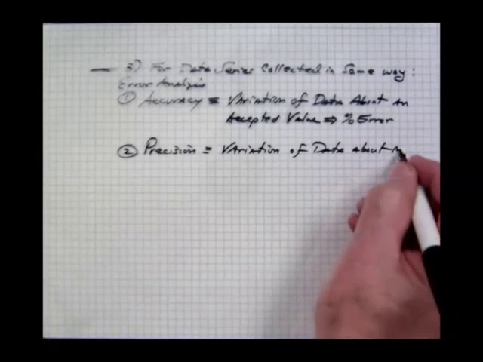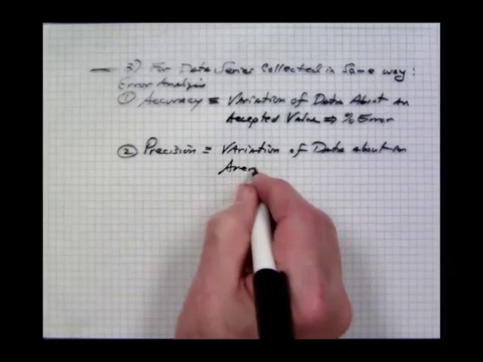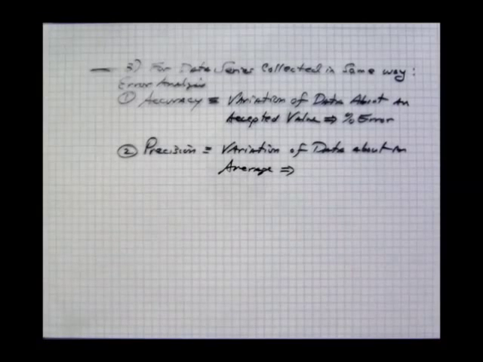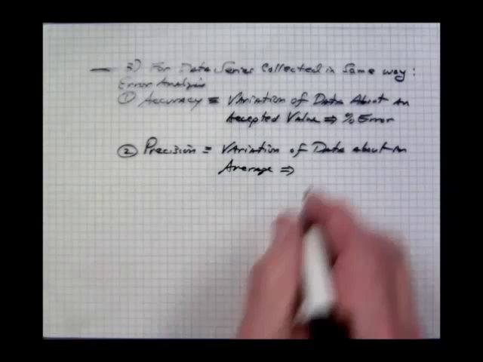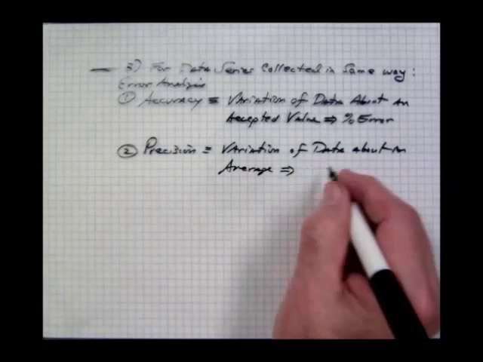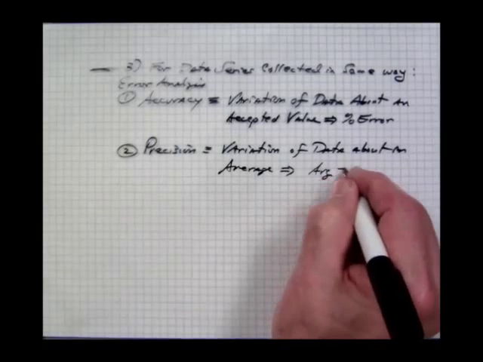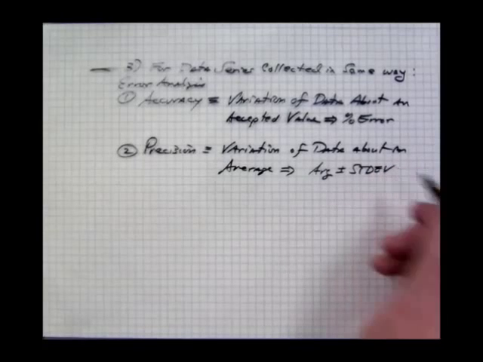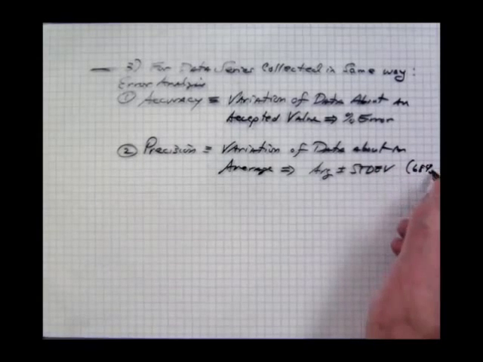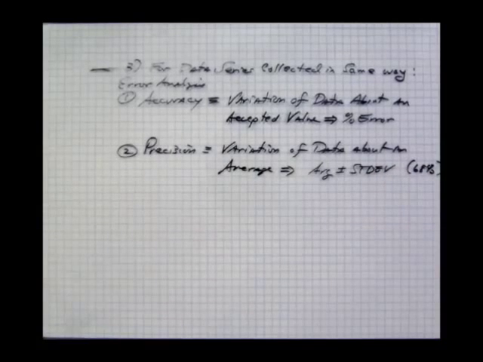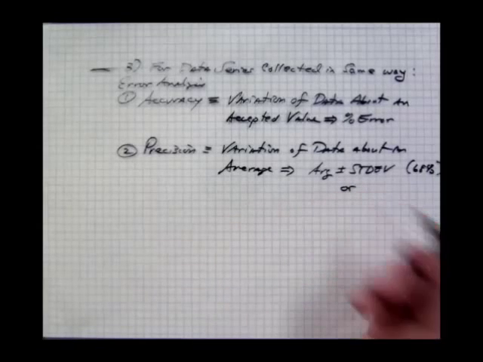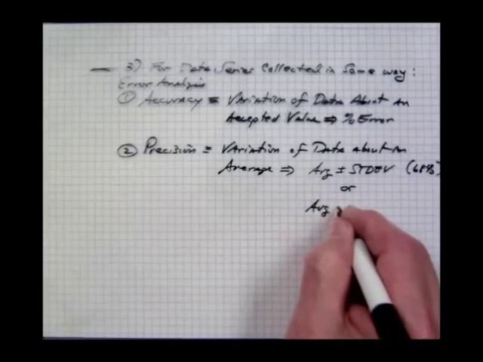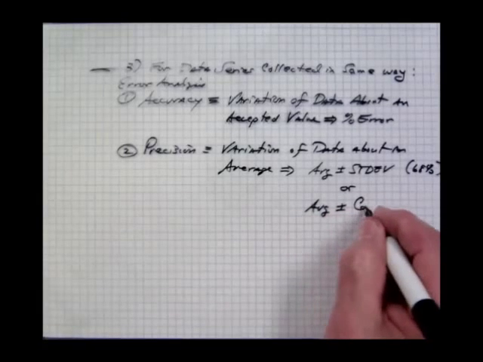This is typically represented as an average plus or minus standard deviation, which is a 68 percentile region, or in the one that I'm giving you, average plus or minus a confidence interval.